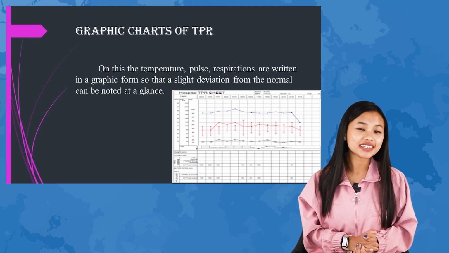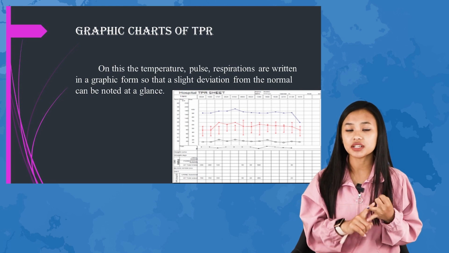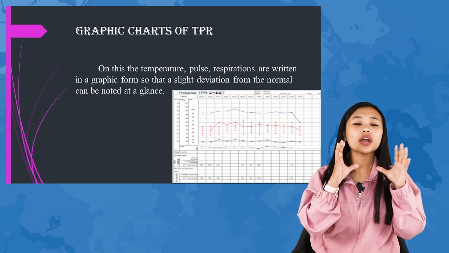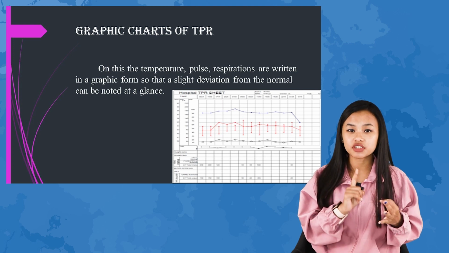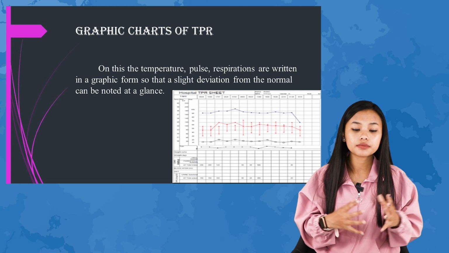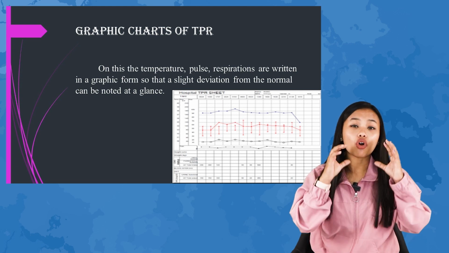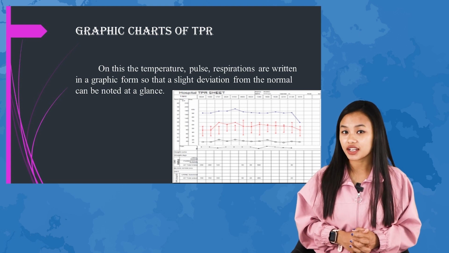The next one is the graphic chart of the TPR. Here TPR stands for temperature, pulse and respiration, right? In this graphic chart, the temperature, pulse and respirations will be recorded. With the help of this chart, any slight deviation that occurs in the TPR of the client will be noted at a glance.